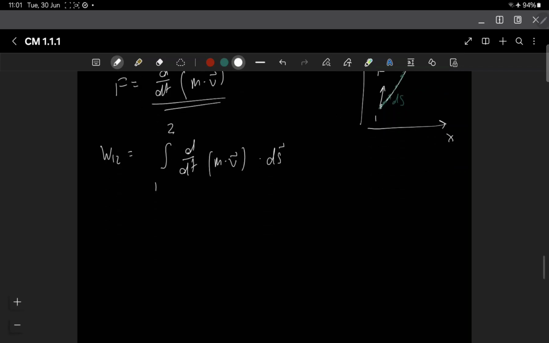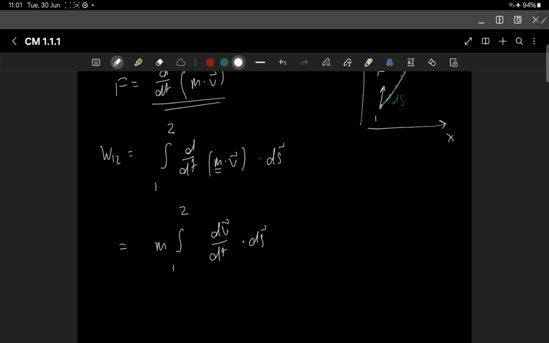We are assuming that the mass is constant, so if we differentiate m times v, the constant just falls out. So this becomes m times the integral from 1 to 2 of dv by dt dot ds.